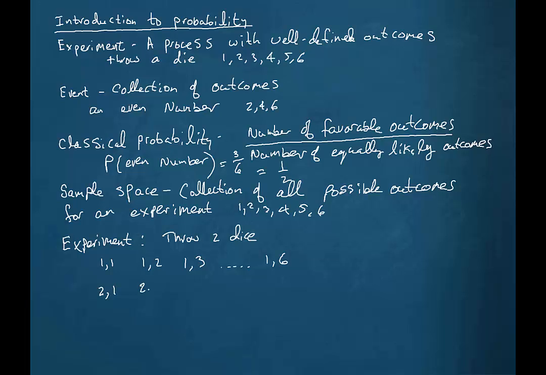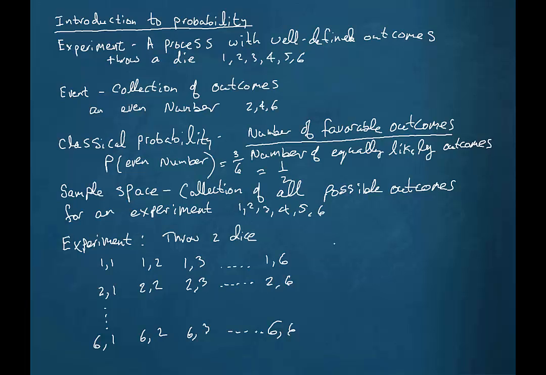And then again, going through this system, a 2 and a 1, change the second one to a 2, change the second one to a 3, and on out like this until the second one goes to a 6. And then keep this process going until we get to a 6 and a 1, a 6 and a 2, a 6 and a 3, and then a 6 and a 6. So there would be the sample space for this experiment.